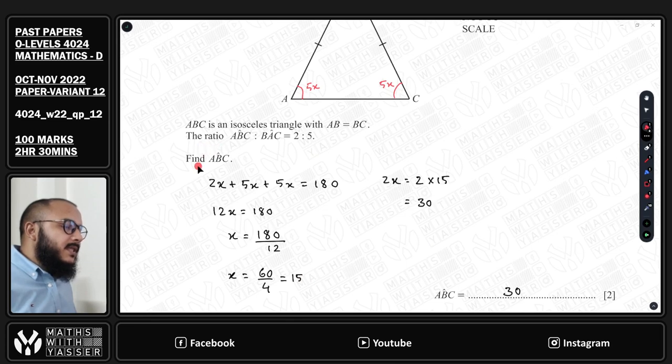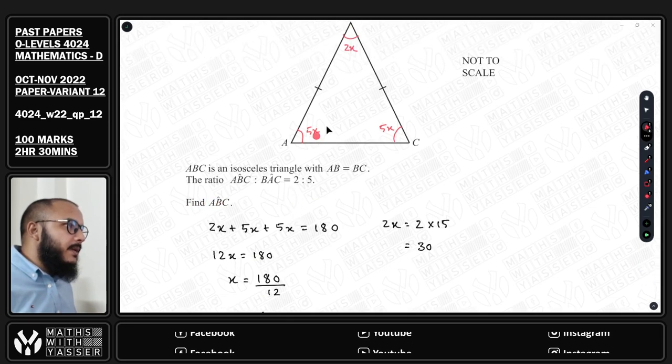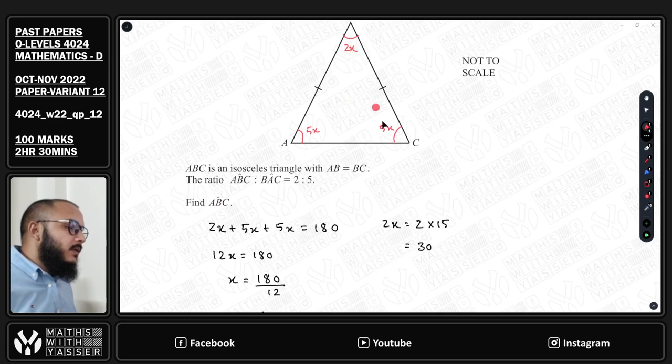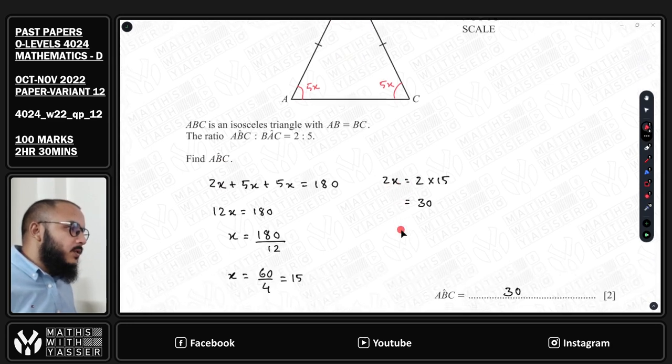And since they have stated that we need to find the angle ABC, we are not here to find x. We are here to find the angle ABC. So ABC is 2x. So we need to multiply this value with 2, which will give us 2 times 15. So the angle ABC is 30 degrees.